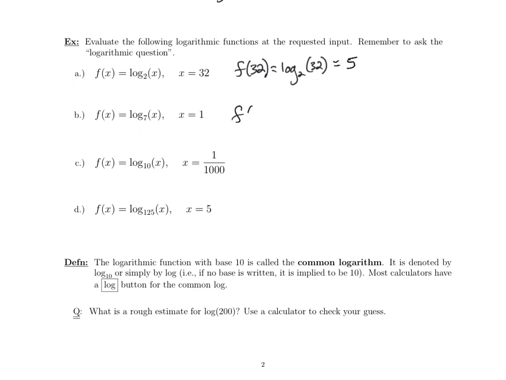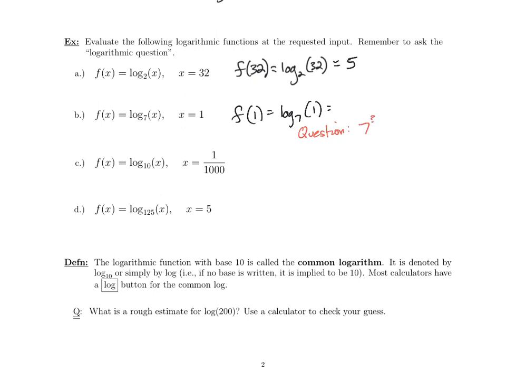For this one, I have f of 1 equals log base 7 of 1. And so therefore, I ask, what power do I need to raise 7 to in order to get the result 1? Well, that's really like asking the question, and I'm going to write the question out this time. This is really just happening in my head, though. You don't have to write this out.